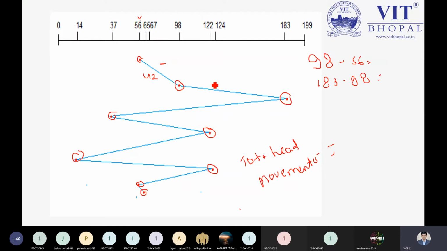And then 98 to 183, so the total will be 85.